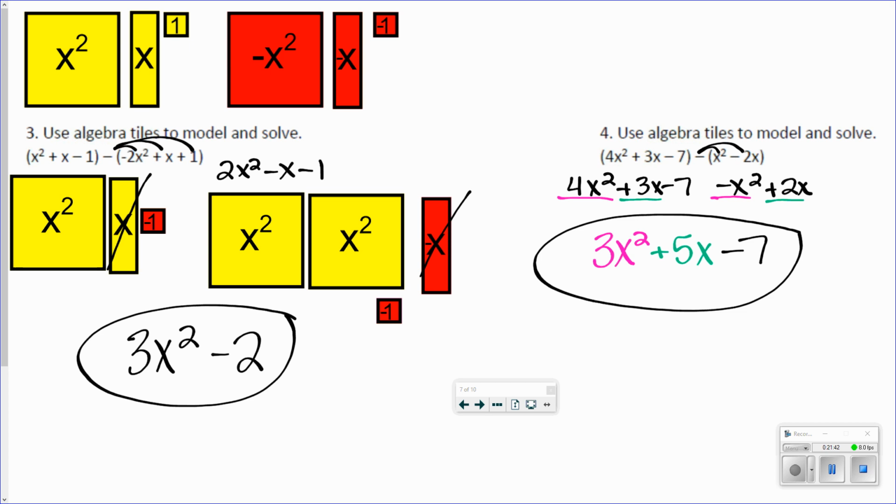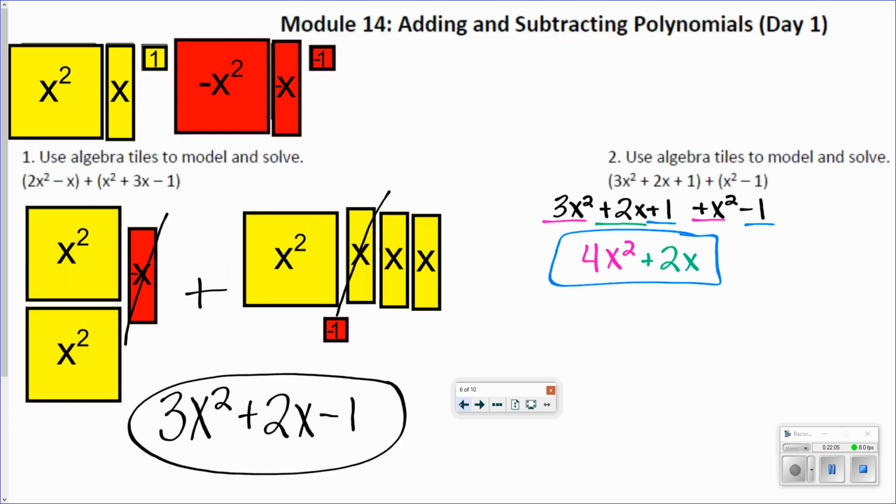Okay. Now before we move on, you are going to see this in directions for this whole section. Sometimes it says it, sometimes it doesn't, but it's always implied that you write your answer in descending order. This is an example of descending order. So is this one. I have written all of the answers in descending order.